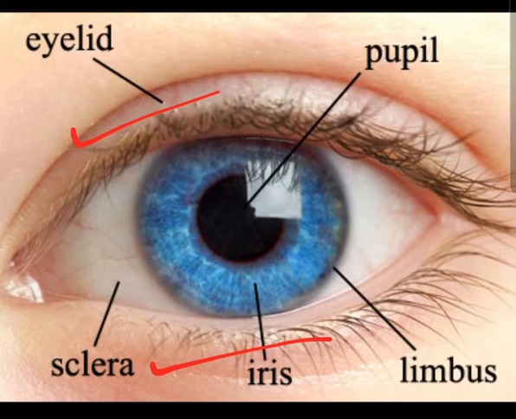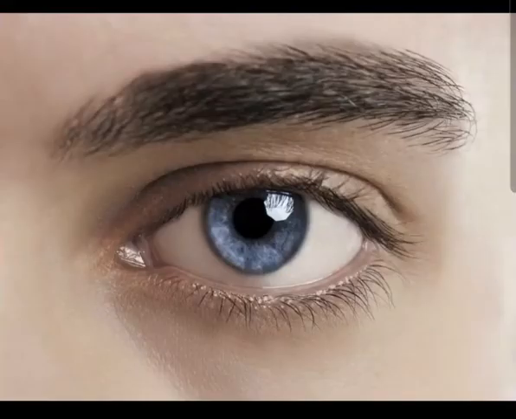Not only this, they also protect our eyes from dust or any other type of sharp objects. On the outer side of these eyelids, these hairy lashes are present. We call them eyelashes. They are also protective in function, and they prevent larger particles from falling into our eyes.